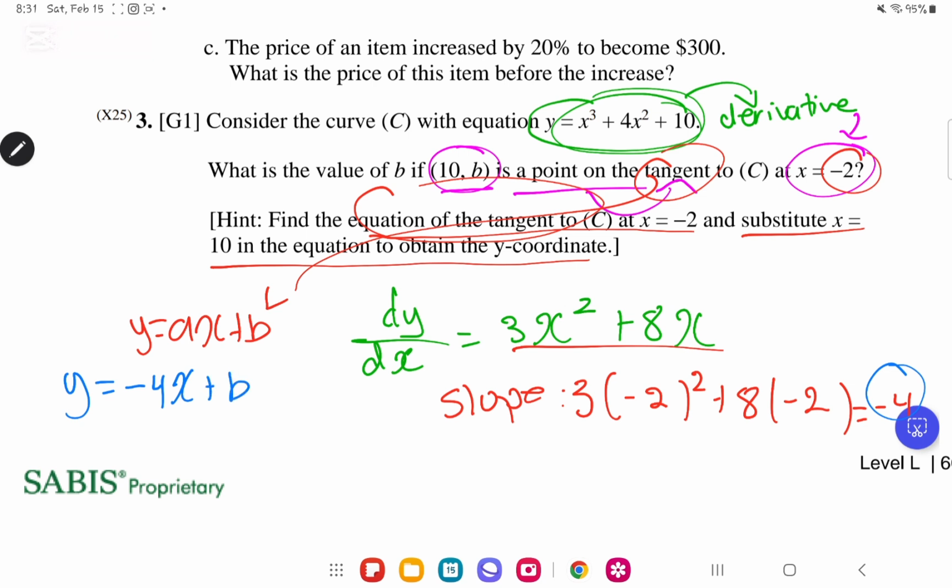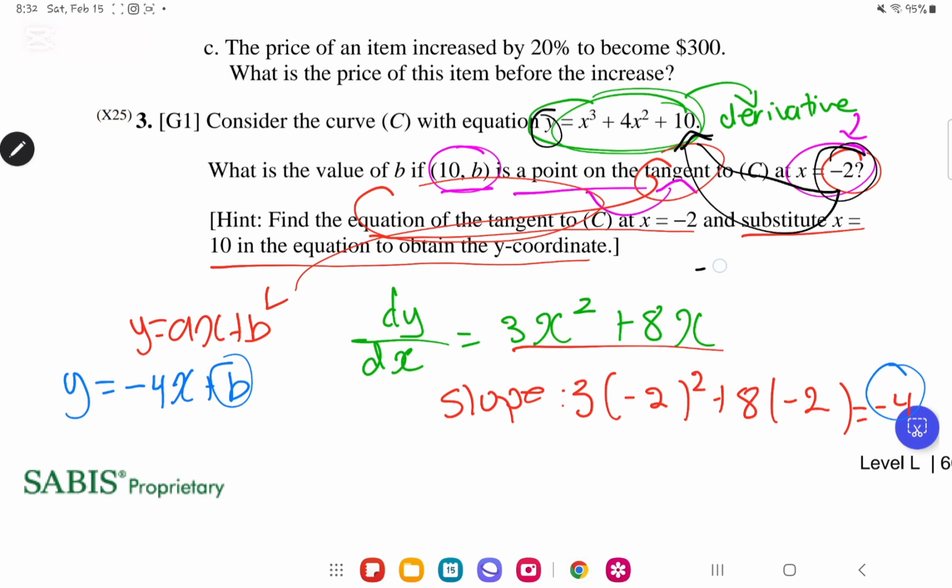Now the next thing we need to find is b, which is the y-intercept. Very simply, to find the value of b, we're going to take x is equal to minus 2 and substitute it in the original equation to get the value of y.